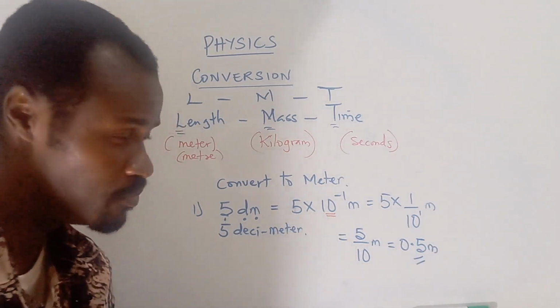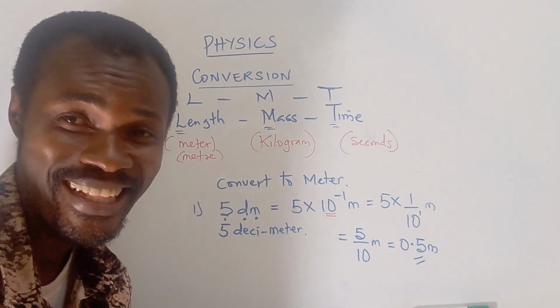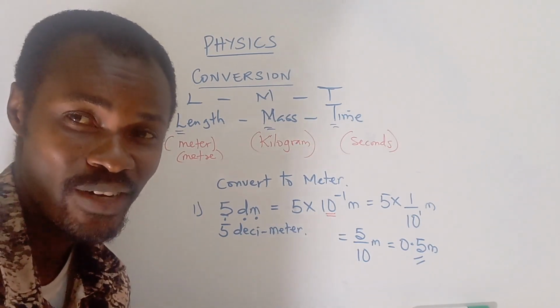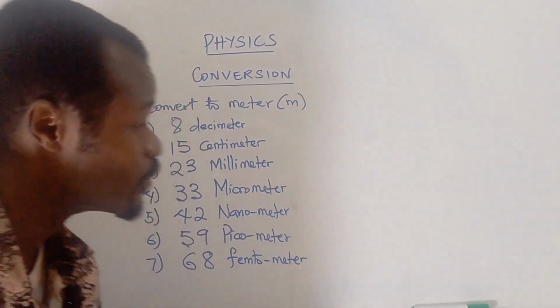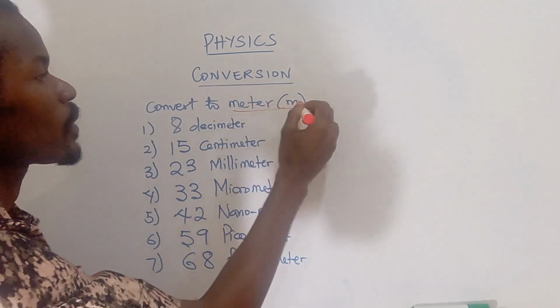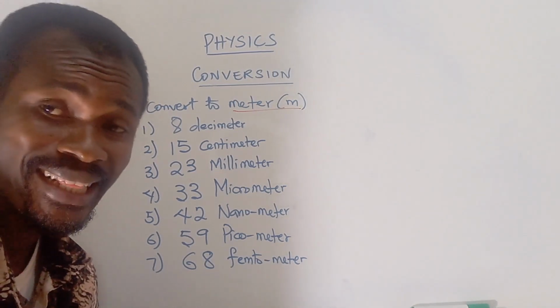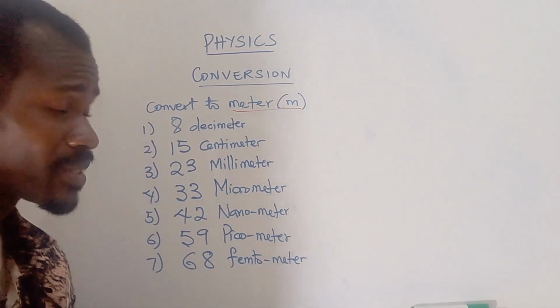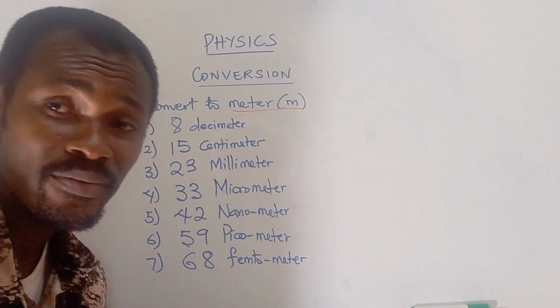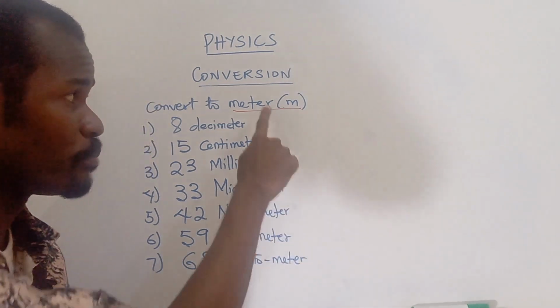So now let's look at some other units of length and try to convert them. For us to be able to convert to meter, like I said, the first conversion we want to look at is length. Most times in physics calculations, you want to convert the given length to meter.